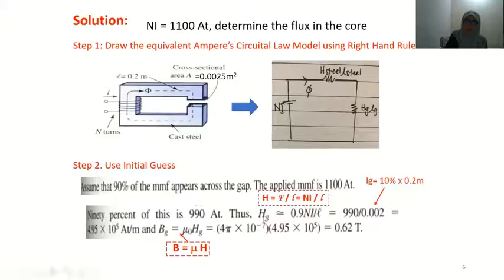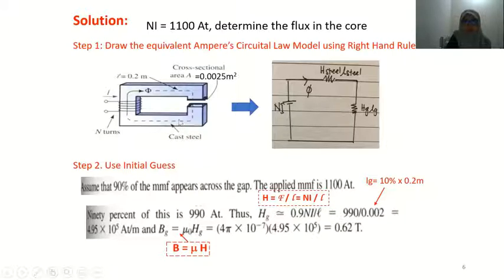Then the Hg, from this formula, is the MMF F, or the Ni, divided by L. So Hg is equal to 0.9 of the Ni, which is 990, divided by your length.